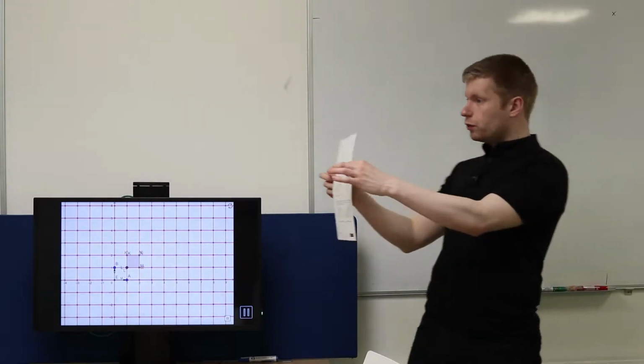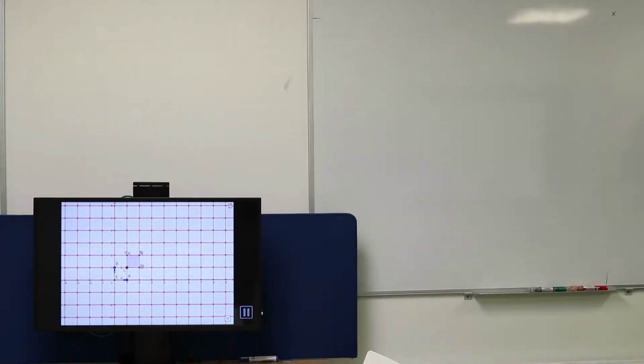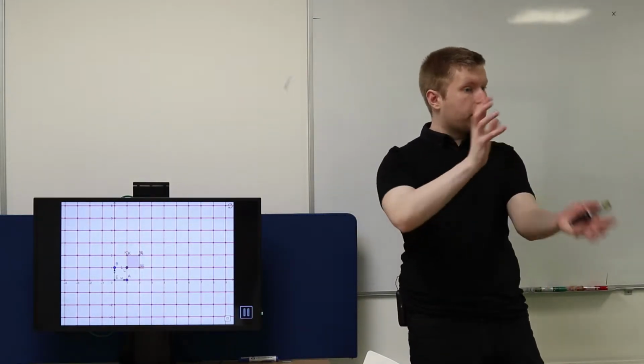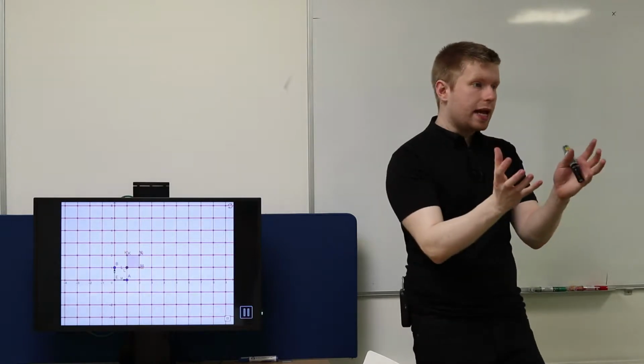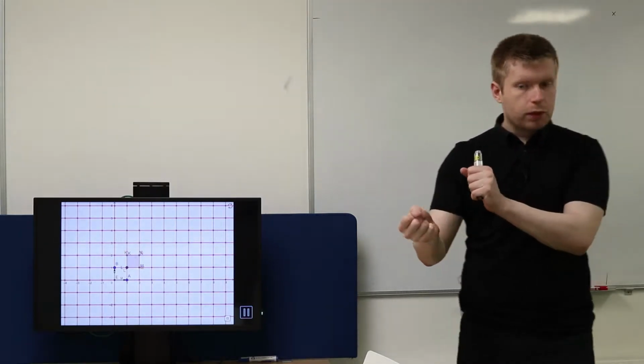So matrices are really useful if we want to work with tables of numbers. I'm now going to show you another application of what we can do with matrices. And it's this idea of transforming matrices. So we can use this idea of taking some particular shape and being able to transform it, okay?